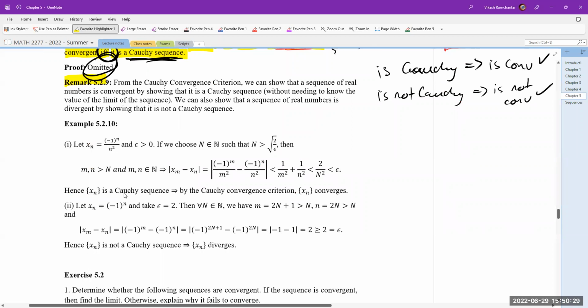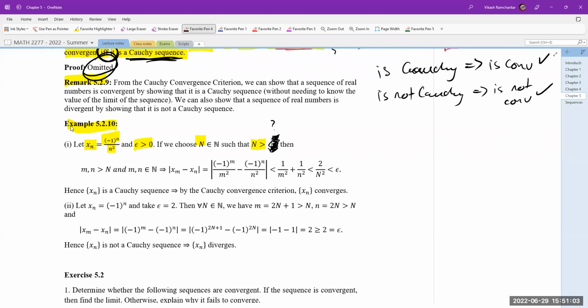Okay, so let's look at an example of how to show a sequence is Cauchy. Say we're given this sequence, (-1)^n over n squared. We let epsilon be bigger than 0, and we need to choose a natural number N such that n is larger than... when you do any proof for the first time, you don't know what this is, so you leave it blank and fill it out after.